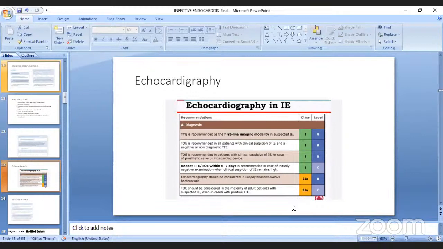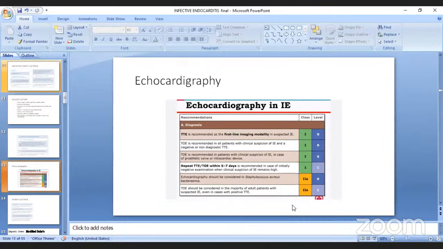transesophageal echocardiography. And TOE is recommended in patients with clinical suspicion of infective endocarditis in case of a prosthetic valve or intracardiac device. That means if a patient comes to you with a history of a prosthetic valve or an intracardiac device, then you can say let's go straight away for a TOE.